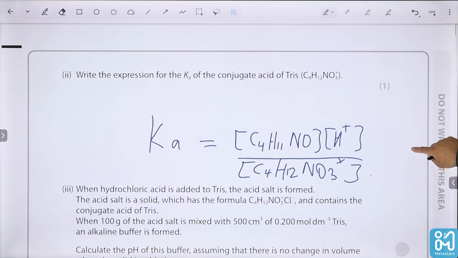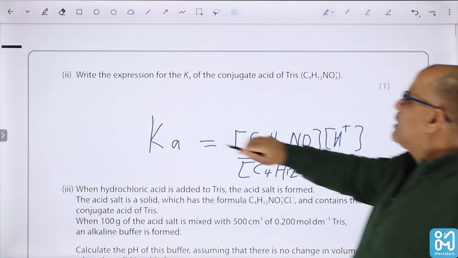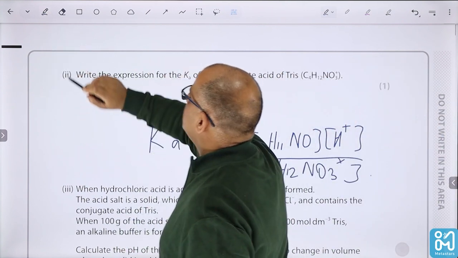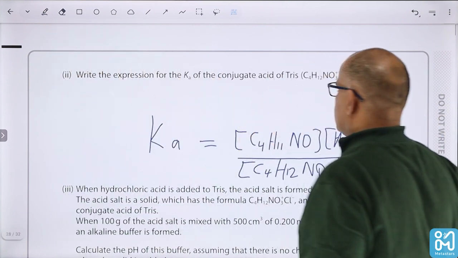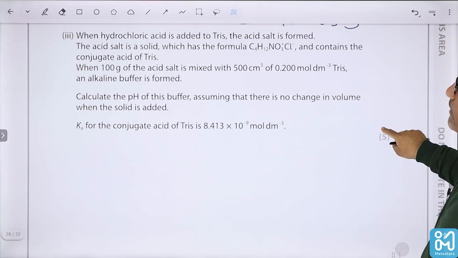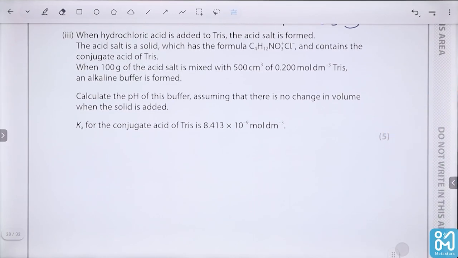Now, for the coming part, since the question is about the buffer, when hydrochloric acid is added to the Tris, the acid salt is formed. The acid salt is a solid, which has the formula C4H12NO3Cl and contains the conjugate acid of Tris.